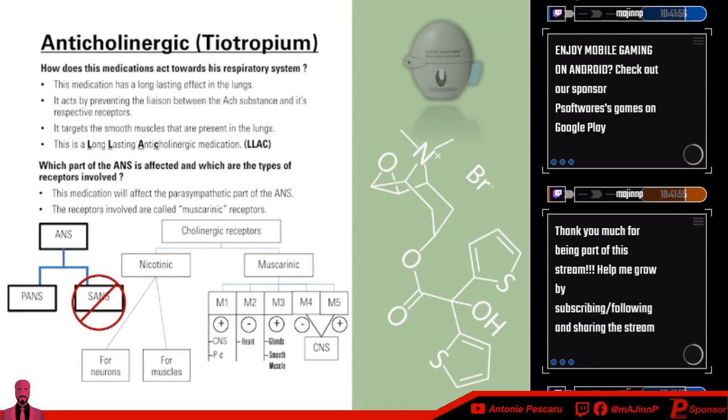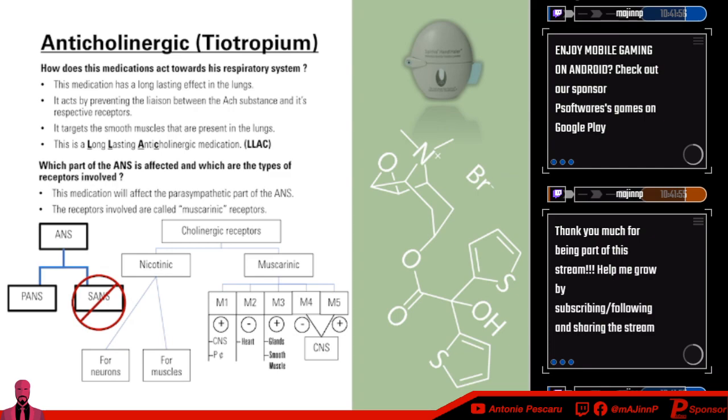It's an anticholinergic, so it acts by preventing the binding between ACh, otherwise known as acetylcholine, and its respective receptors, ACh being secreted by the neurons, going towards two types, nicotinic receptors or muscarinic receptors. We're going to get to that shortly.